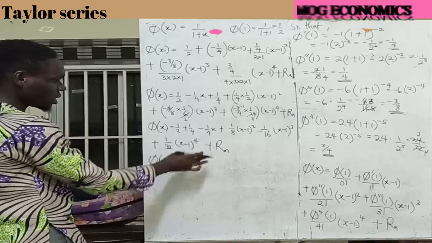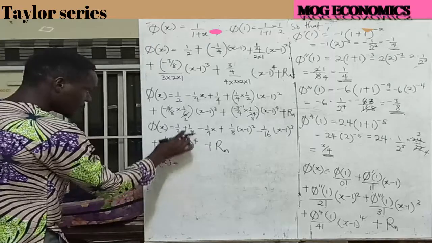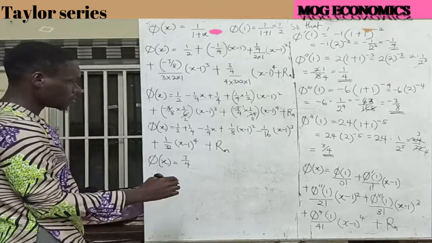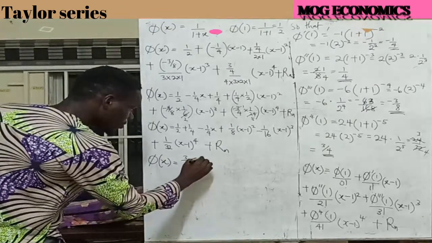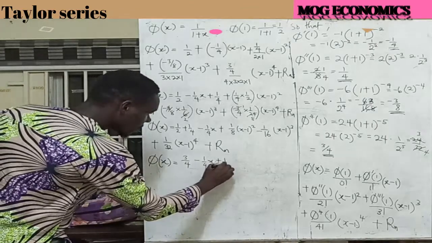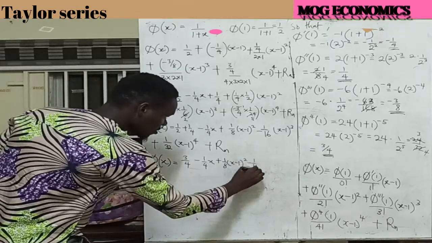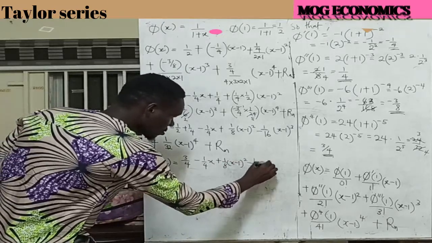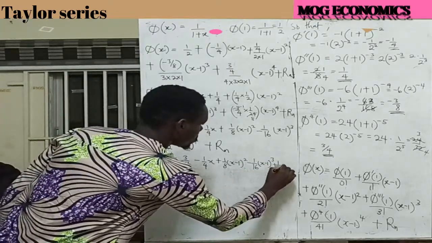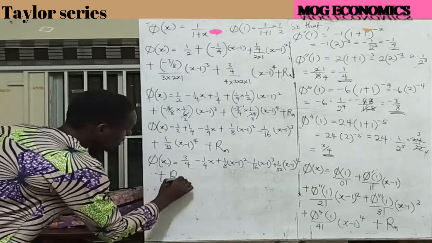So by adding this, the LCM is 4, and that will be 3 over 4, minus 1 over 4x, plus 1 over 8, x minus 1 squared, minus 1 over 16, x minus 1 to the power of 3, plus 1 over 32, x minus 1 raised to the power of 4 plus our remainder term.